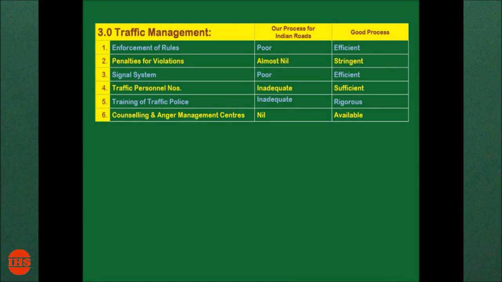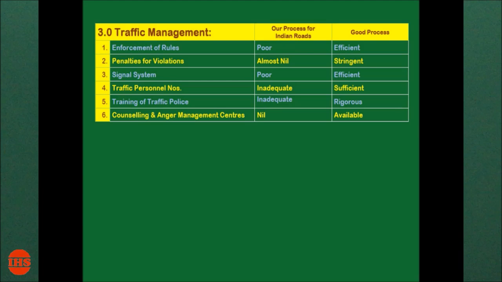Number 3. Traffic management. Enforcement of rules is poor on Indian roads. In good process, it is efficient. Penalties for violations is almost nil on Indian roads. It is stringent in good process. Signal system is poor.